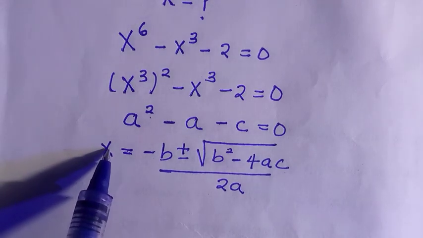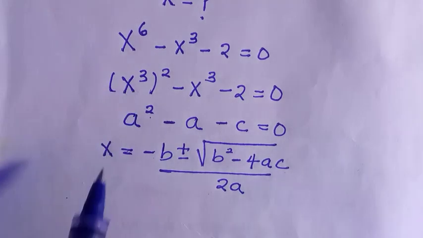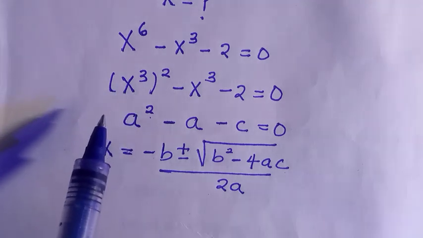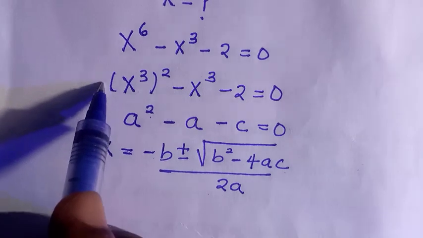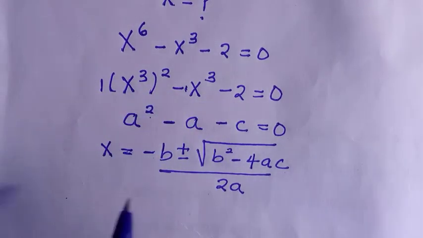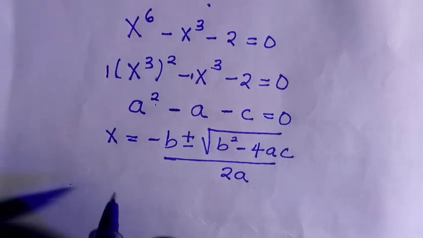Then we know x is now our x raised to power 3, and if you plug it in here, we have the coefficient of x raised to power 3 to be 1, the second one to be negative 1, and the constant is negative 2.